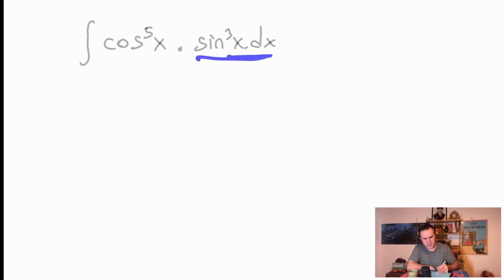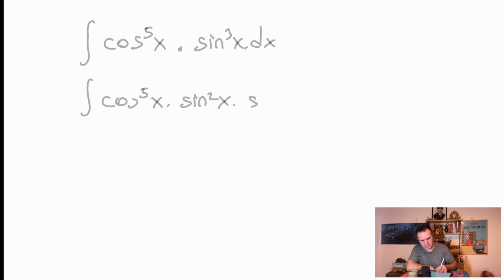If we had here just one sin x, then we could use the substitution method. Then I will split this sin³ x into sin² of x and sin x parts. Then the integral becomes cosine to the power of 5x times sin² of x times sin x dx.